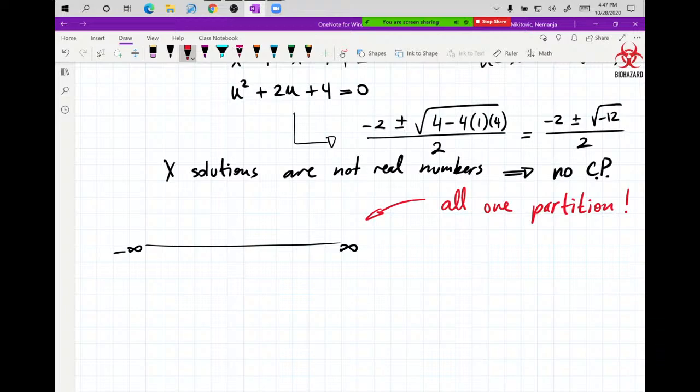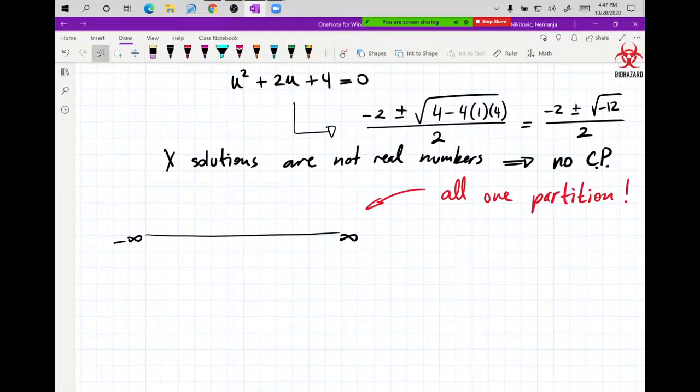There are no vertical asymptotes, no critical points, literally nothing, right? It's just one piece. And you can pick any number that you can think of, from negative infinity to positive infinity as your test point, and test just that one number, because the whole line is a single partition. And obviously we're going to pick 0 because lazy, right?